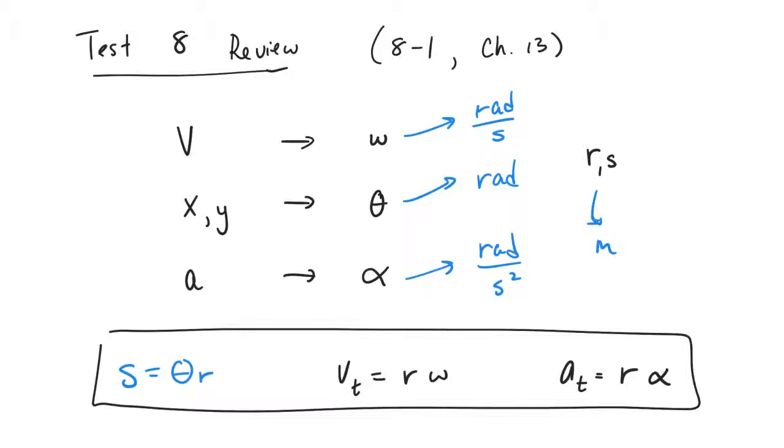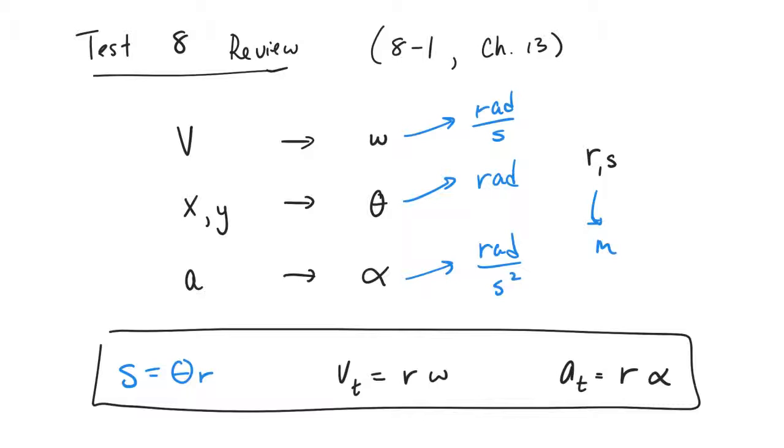One has to do with displacement, one with velocity, one with acceleration. But they're all r times something. R times angular velocity, r times angular displacement, r times angular acceleration. All of these formulas are r times something angular each time. And they all give us a linear length: the arc length, the tangential speed, the tangential acceleration.